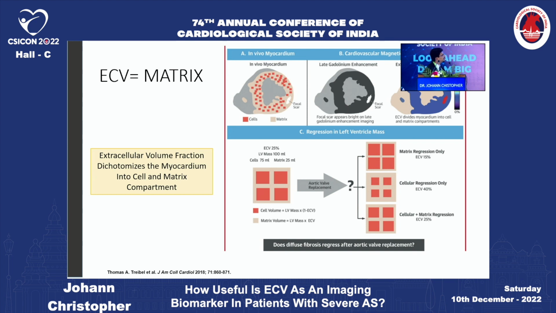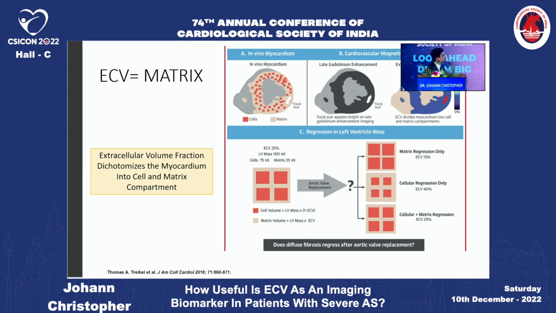And if you replace the valve early enough, you may get a matrix regression only and your ECV drops. However, if you do it a little later, you may just get a cellular regression, and then the ECV actually increases, because we know that ECV is a measure of matrix and not the entire left ventricular mass.